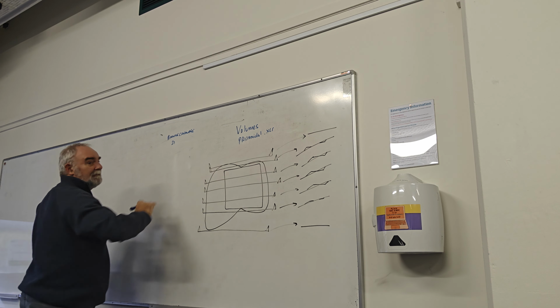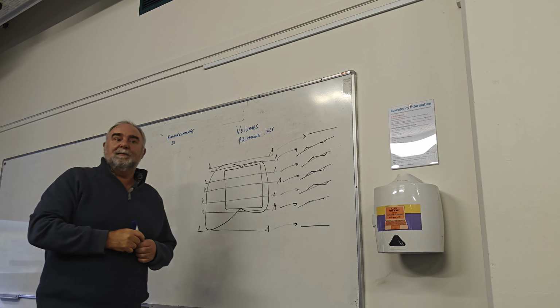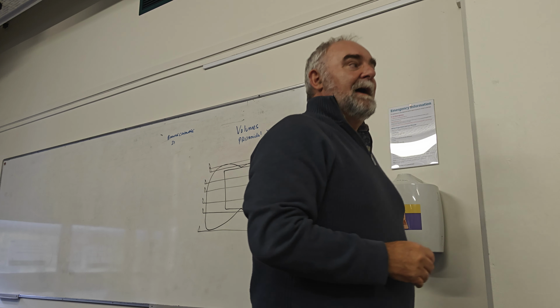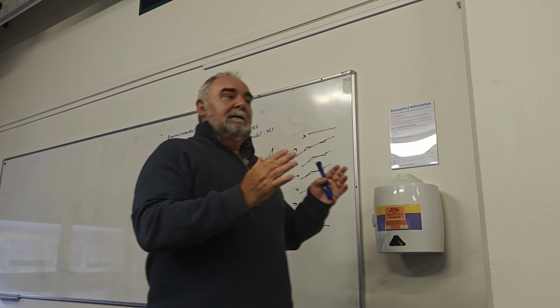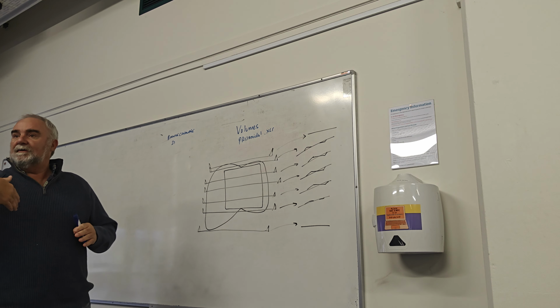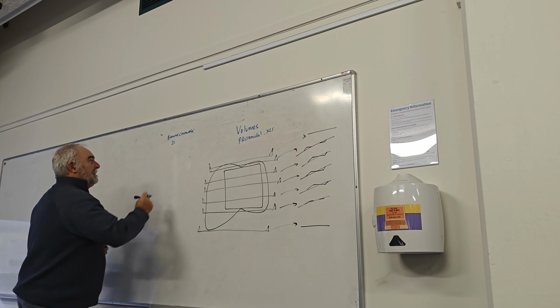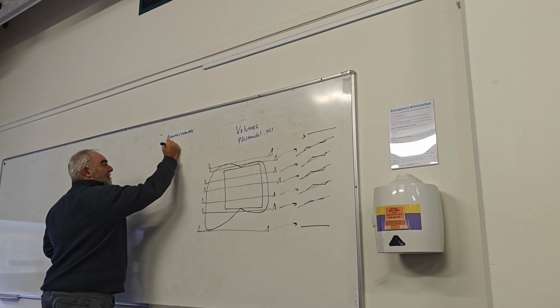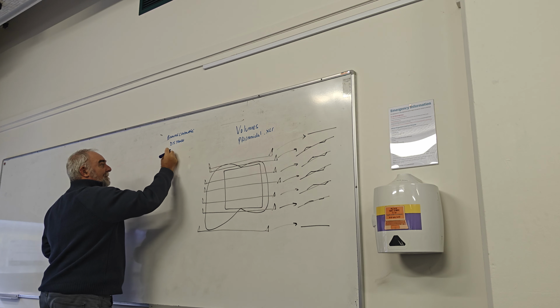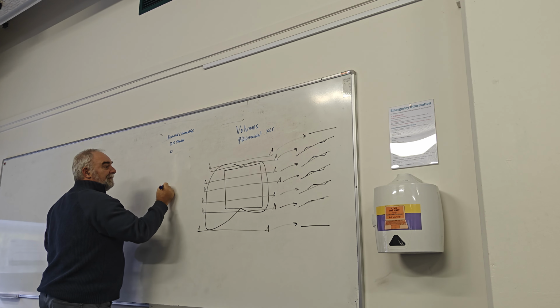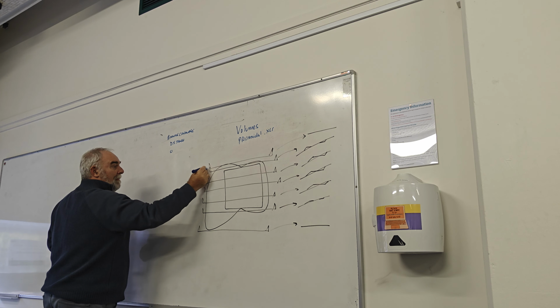Has anyone got that spreadsheet open? It's on Moodle. Anyway, it's a running distance as you're going down the road or across the platform. So the distance will be something like 0 for a start, which will be this one.